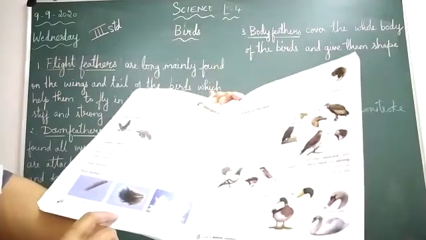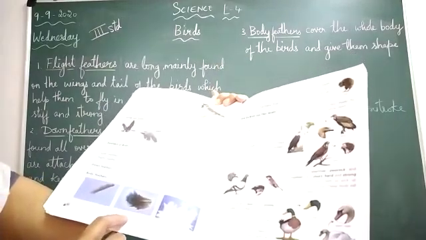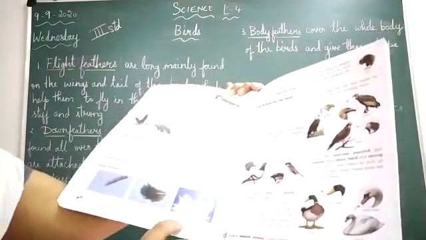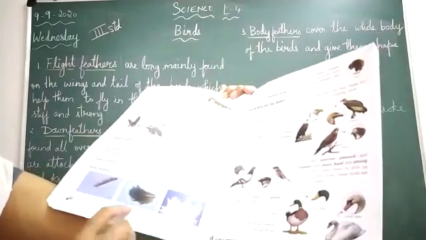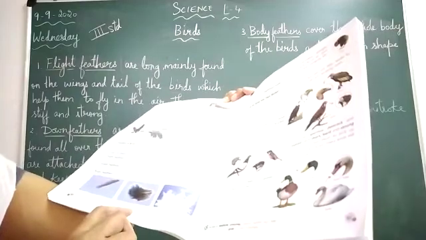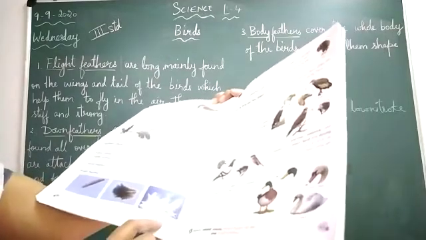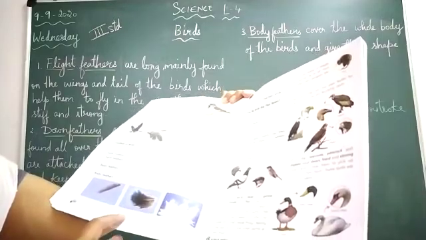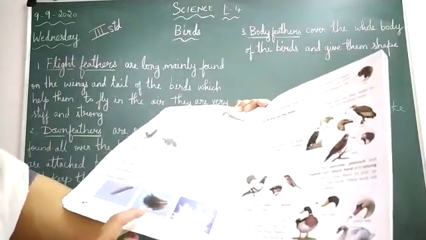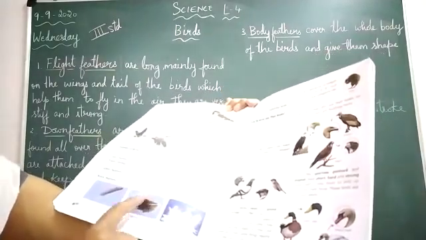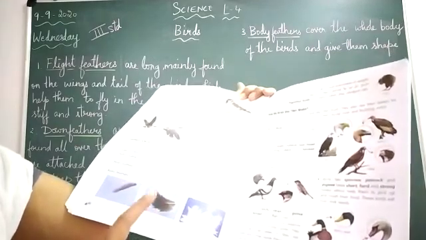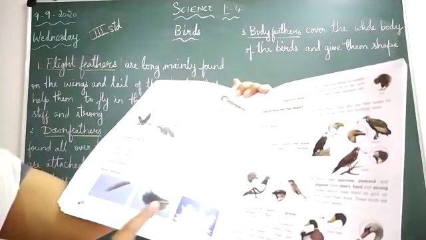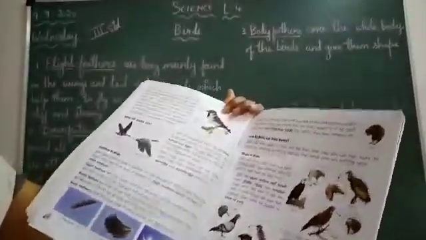Then the down feathers, small, soft and fluffy, which keep the body warm. And the last one is the body feather, which covers the body of the birds and gives them shape. You can see the 3 different types of feathers here.